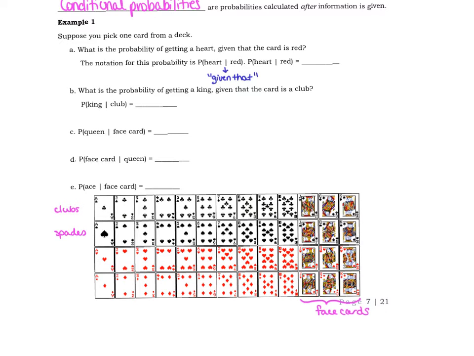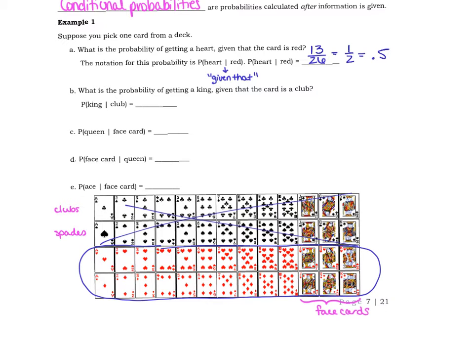Well, let's go down here and look at our deck of cards. If the card is red, it is one of these 26 cards. So instead of out of the whole deck, we can eliminate all of those. It's like we have this new reduced deck that has 26 cards in it, and out of those 26 cards, 13 of them are hearts, which would be 1/2 or 0.5.